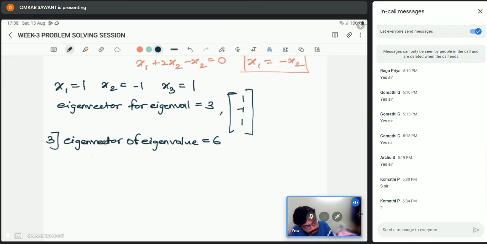For your simplicity, I will just write the first step. For eigenvalue 6 it is 3, minus 1, 3, 1, minus 1.